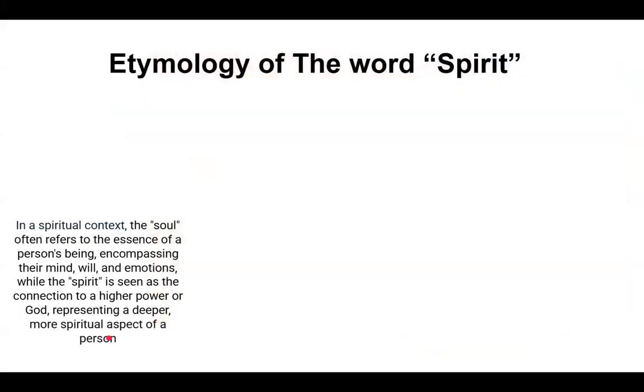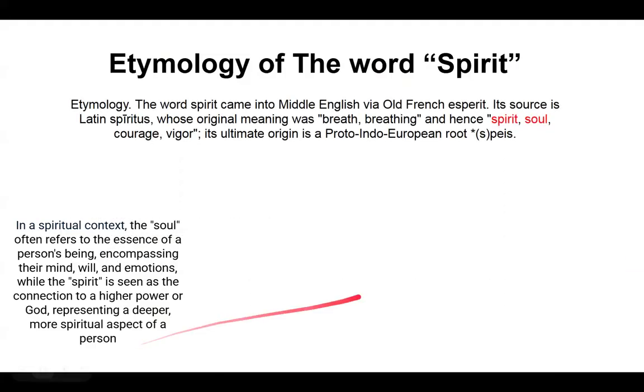The etymology of the word spirit. That's why I didn't say anything before when you were saying that this represents spirit. Let's go into the etymology of the word spirit. In a spiritual context, the etymology of the word spirit comes into Middle English via Old French, esprit.